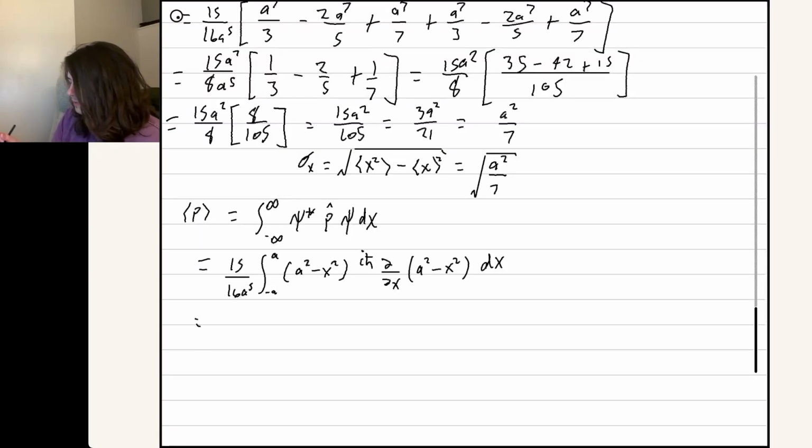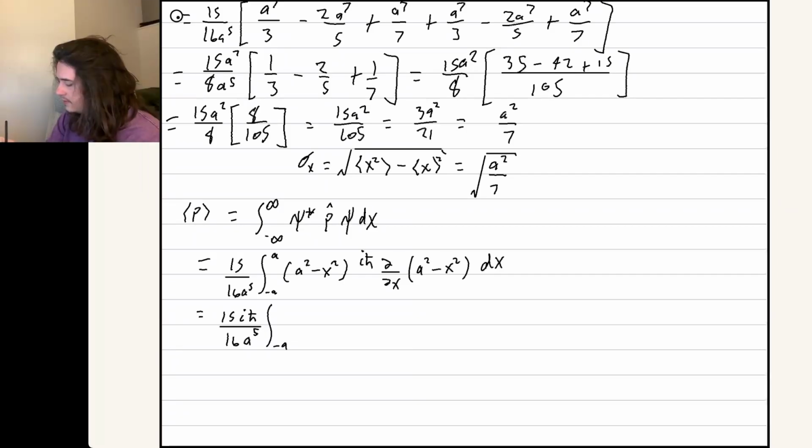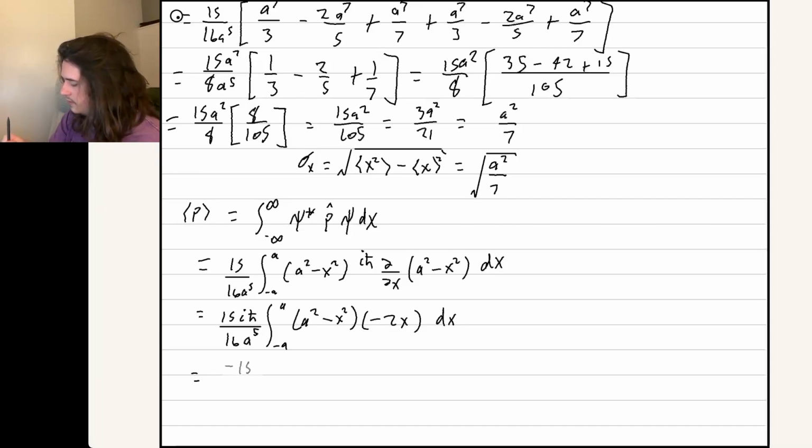So we got 15 i h bar over 16 a fifth, integral from minus a to a. That derivative is just going to be minus 2x. So we have minus 15 i h bar over 8 a fifth, and then we'll move that x into the polynomial.